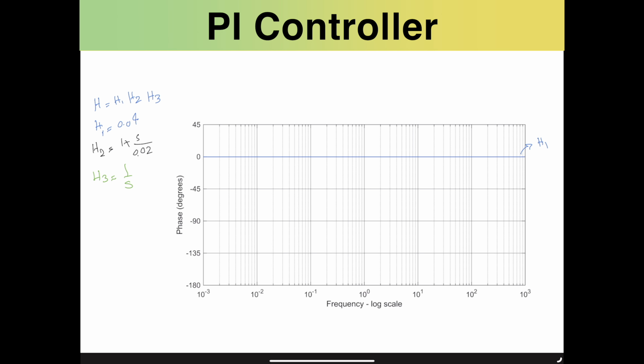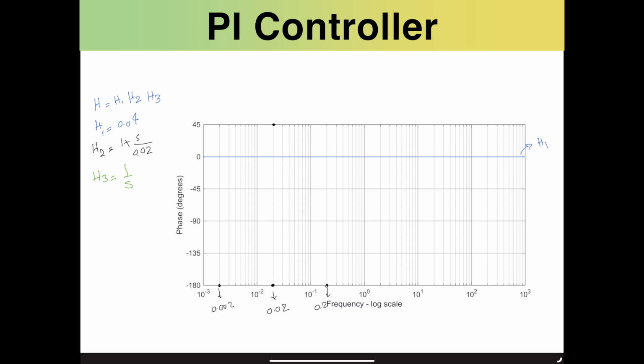So 0.02 is going to be this frequency, 0.02. 1 decade higher than that is going to be this, which is about 0.2, and 1 decade lower than that is going to be 0.002 here. So the phase at 0.02 is going to be exactly at 45 degrees, which is here.